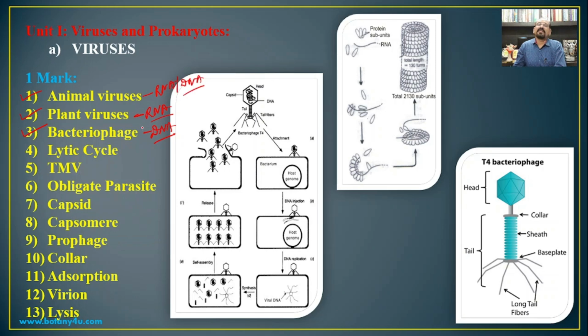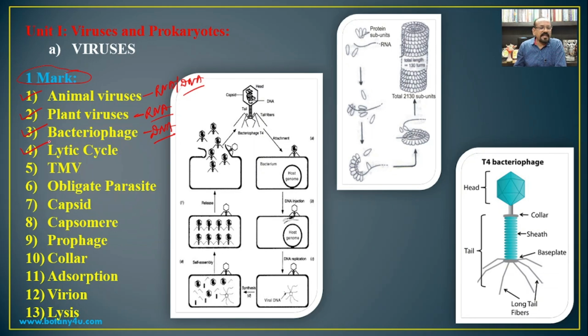No doubt there are again different types, but these are the very common things. We have to provide the account regarding the animal viruses, plant viruses and bacteriophages from the syllabus. The 1 mark question is answered in only 2 to 3 lines, so diagrams are not necessary.